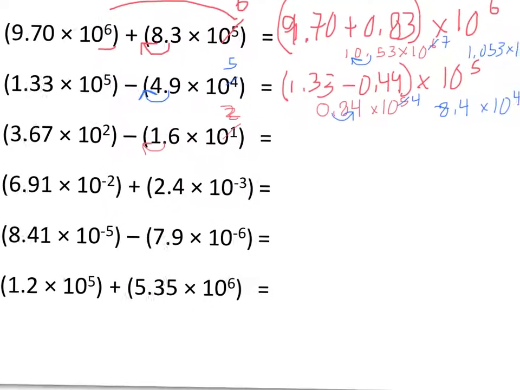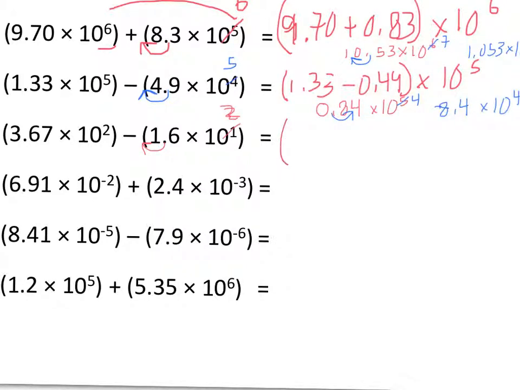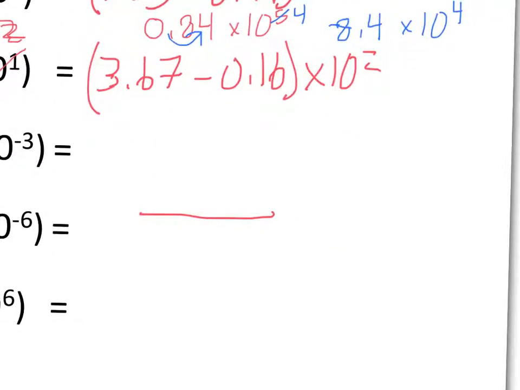Now I have 3.67 minus 0.16 times 10 to the 2. This number right here becomes 3.51 times 10 to the 2. And I have no need to change that at all. It's perfectly fine the way it is.